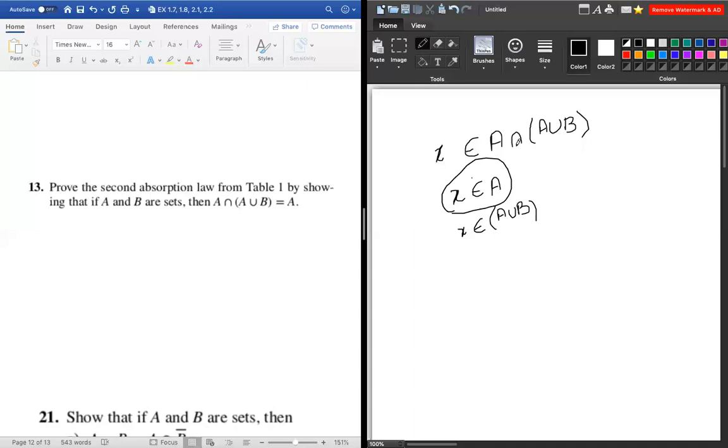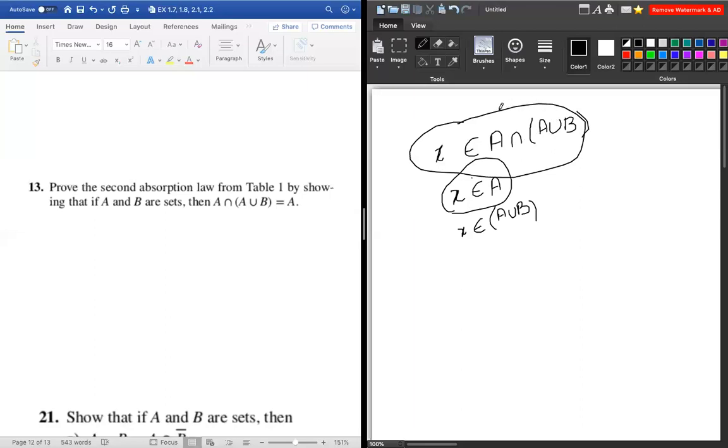Therefore, we can conclude this here. So it goes either way: we have proved it going one way and then the other way as well. X is a member of A, therefore X is a member of A intersection (A union B) as well.